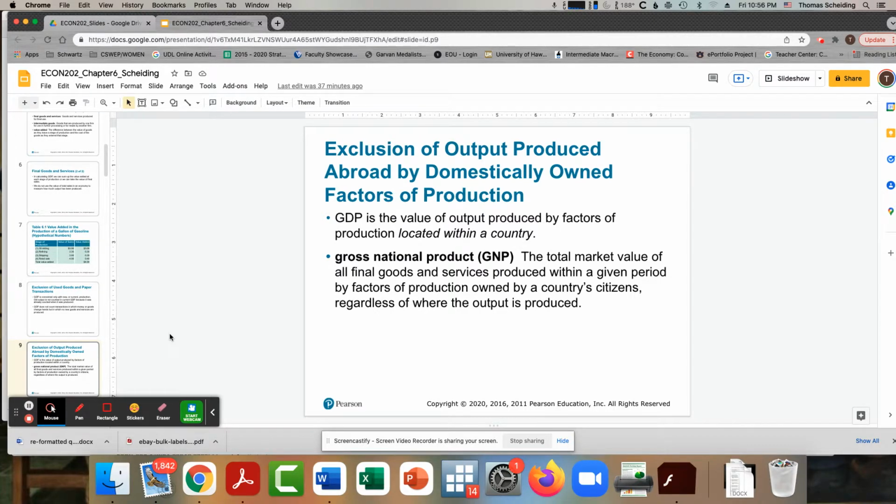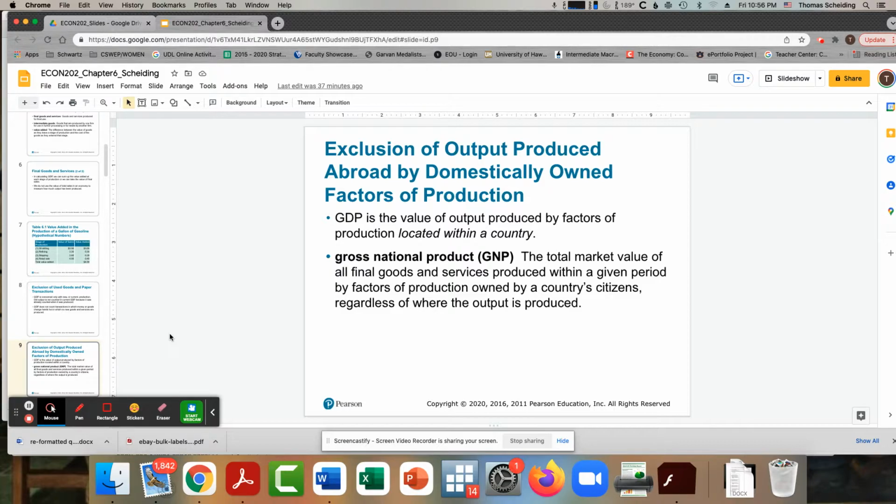Now, GDP, as we've talked about it, is only counting the stuff that's produced within the country. The other way to think about it would be with something called gross national product rather than gross domestic product. For gross national product, we're just looking at what a country's citizens produce, no matter where they live in the world.